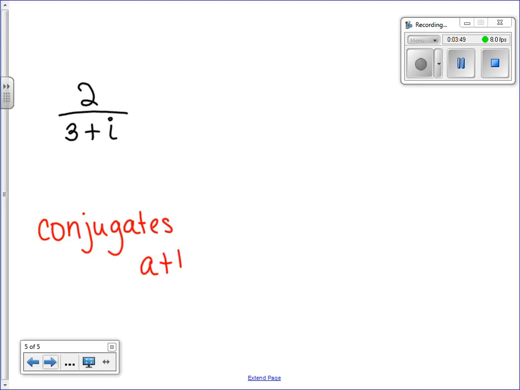A plus bi, a minus bi. Those are conjugates, okay? So we have 3 plus i. We're going to multiply times 3 minus i over 3 minus i. I would do all of the top and do all the bottom.